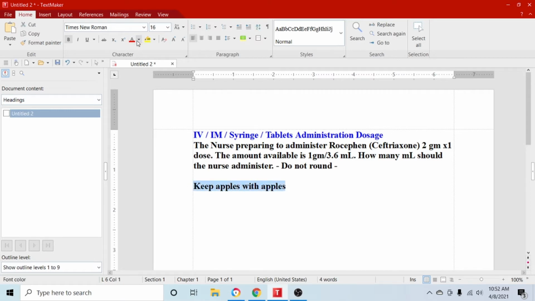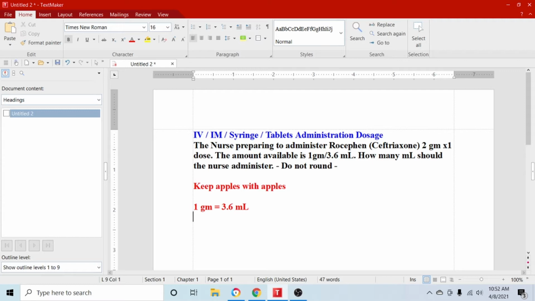All right. So, very simple. Here we go. If 1 gram, keep the grams on one side, equals 3.6 ml, then 2 grams, because that's what's on the page, Rocephin 2 grams, right?